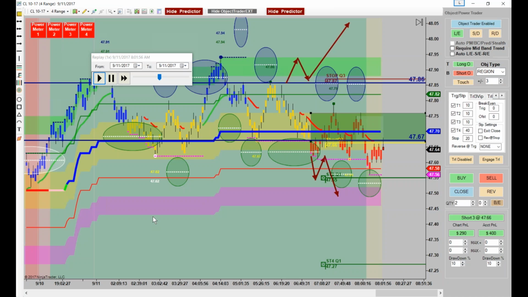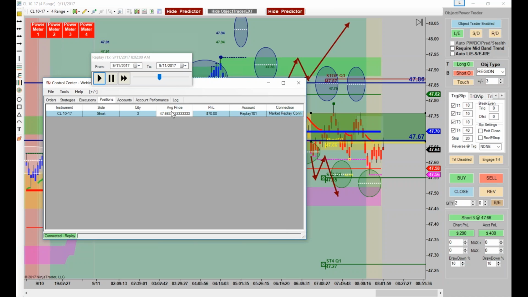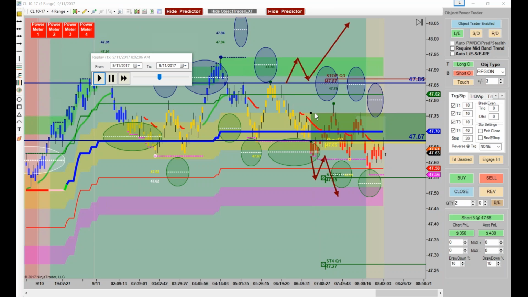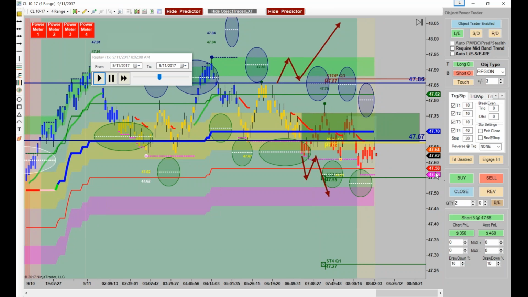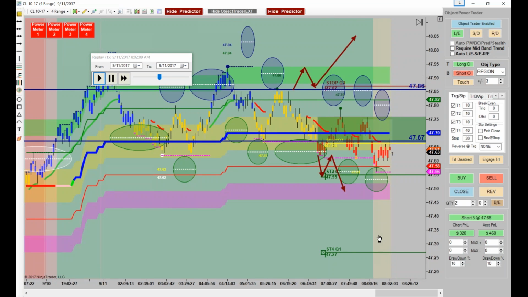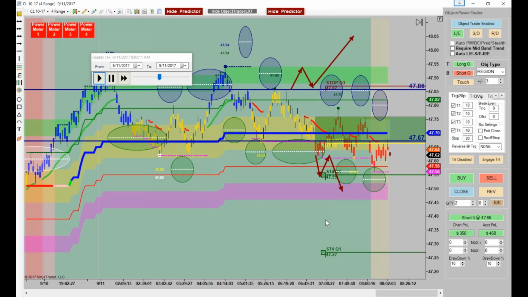But if you ever have that, be sure and check your positions, right click and close them out. Okay, or just simply go to Chart Trader instead and turn off Object Trader, and you could still have your trade on. But you don't want to just leave it on with no stops or anything, okay? Because that would not be smart.